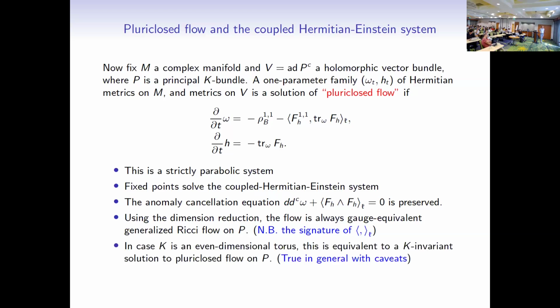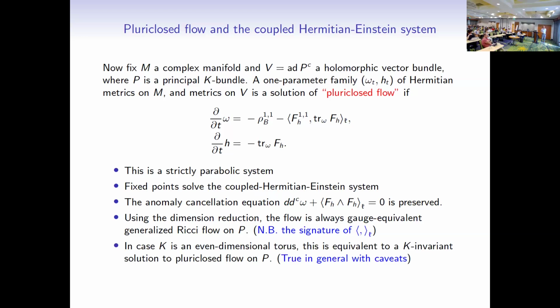And then, in the very simple cases where the structure group is, say, an even dimensional torus, you can show that this is gauge equivalent to a K-invariant pluriclosed flow on the total space of P. This is why I put pluriclosed flow in quotes: in some sense it is literally a symmetry reduction of pluriclosed flow on a principal bundle.